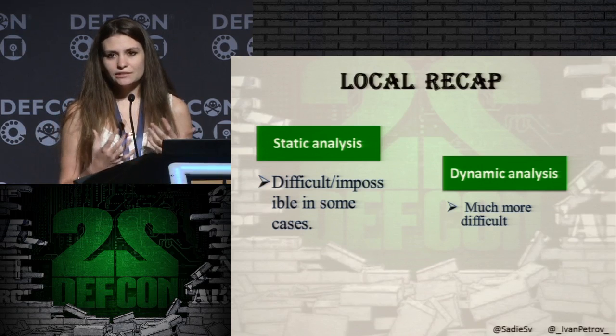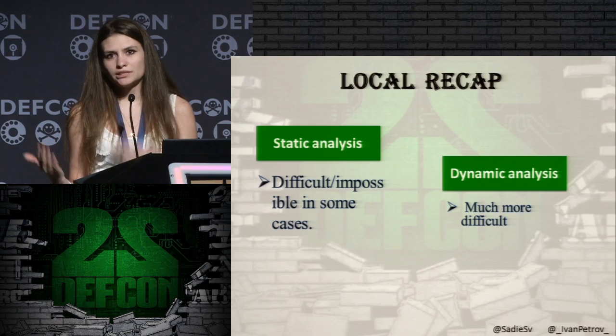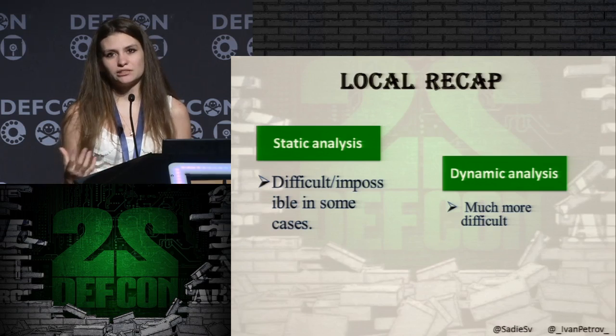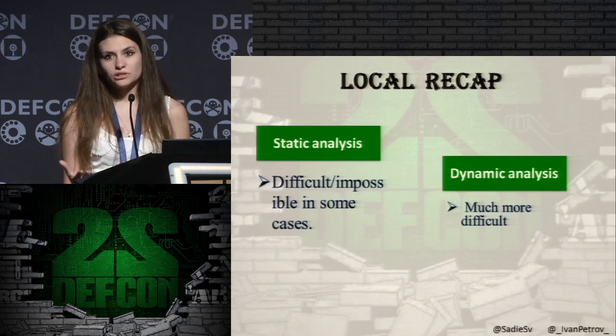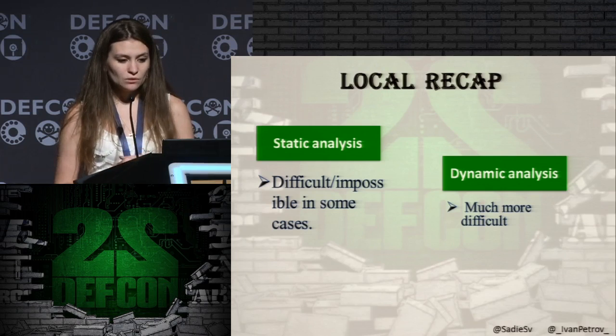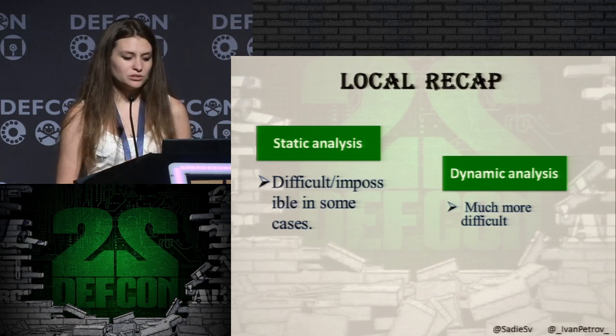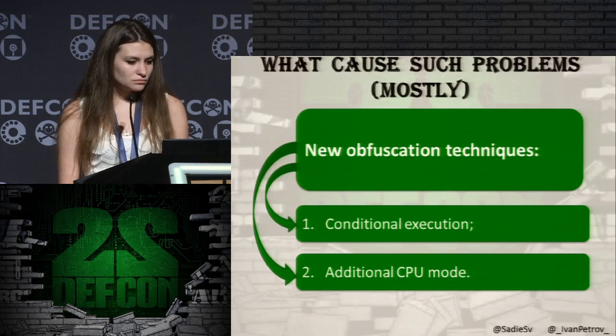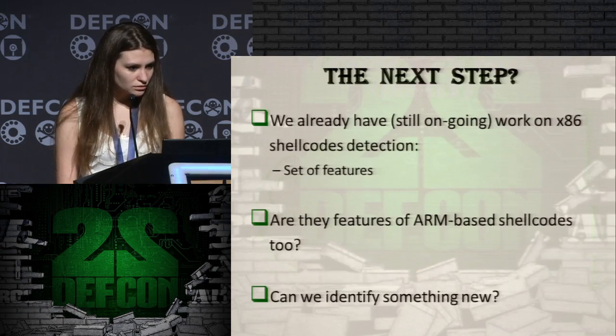It's really difficult, in the case of conditional execution for example, to construct such a control flow graph. It's very time consuming, so it's not reasonable to use it here. And dynamic analysis is much more difficult. I've mentioned it before.